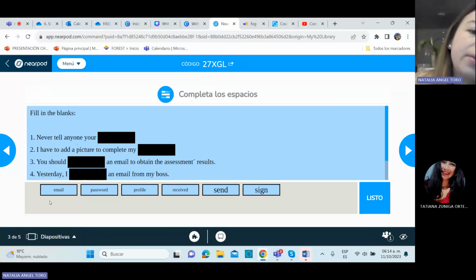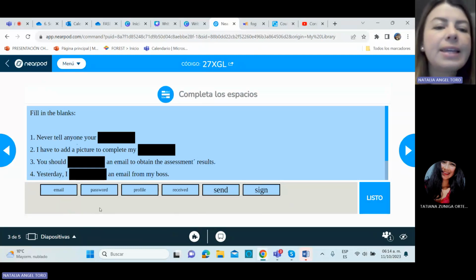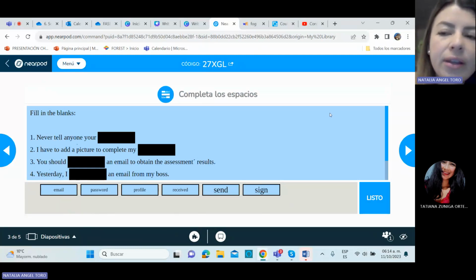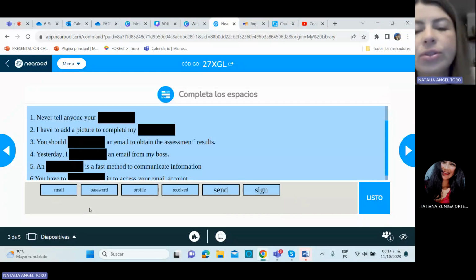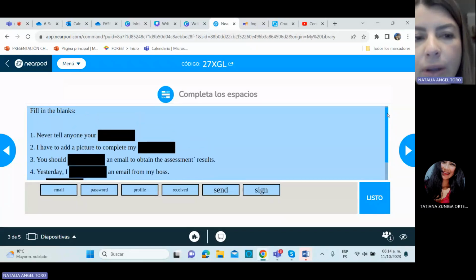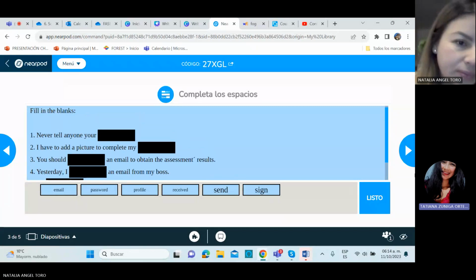You will find some words at the bottom of the page, and the idea is to complete every sentence with the correct word. If you check, those words are the previous words we worked on. So try to do it. Okay.